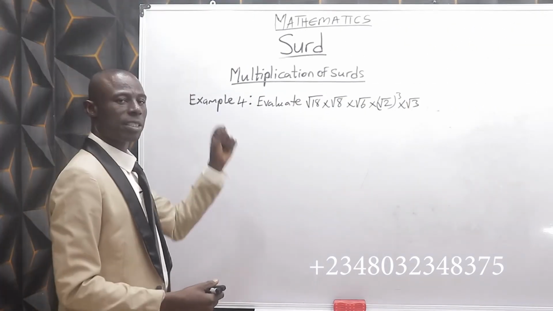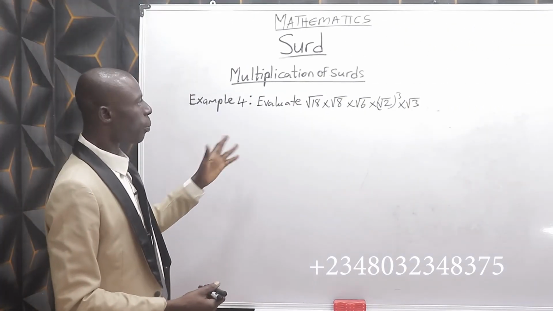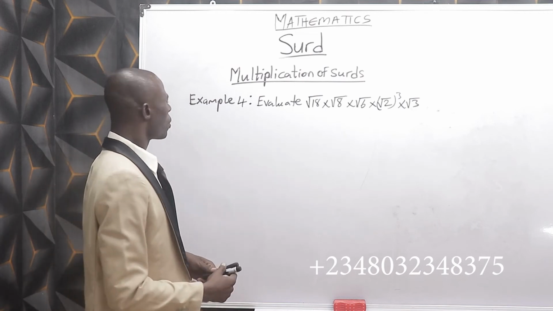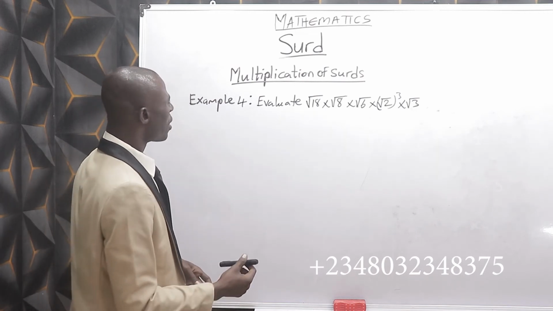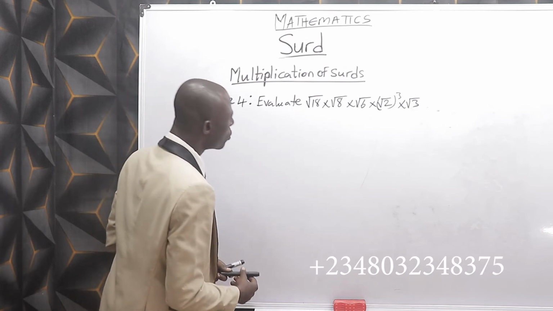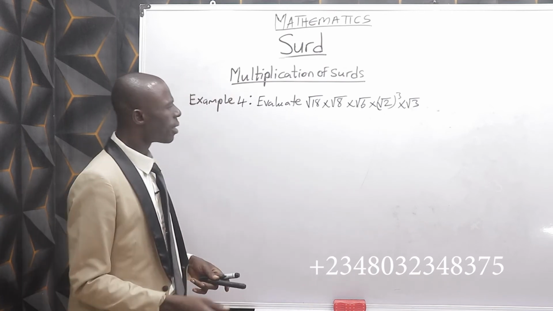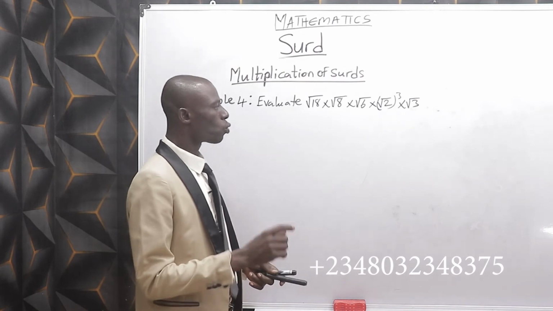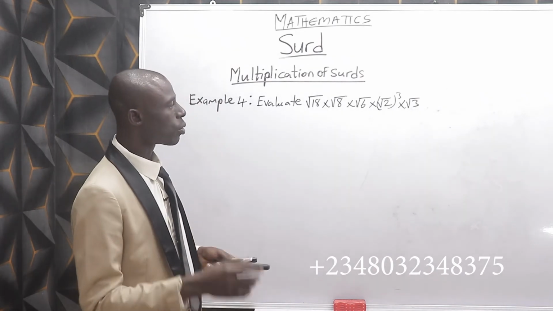Let's consider the last example I have for you under multiplication of surds. Example 4. Evaluate root 18 times root 8 times root 6 times root 2 raised to power 3 times root 3.